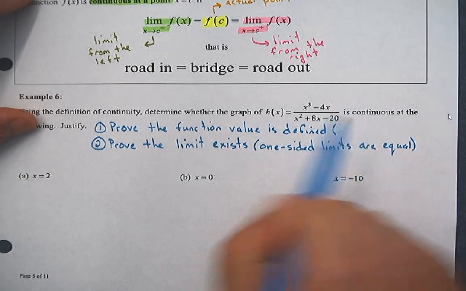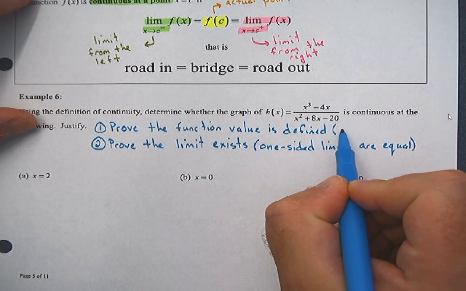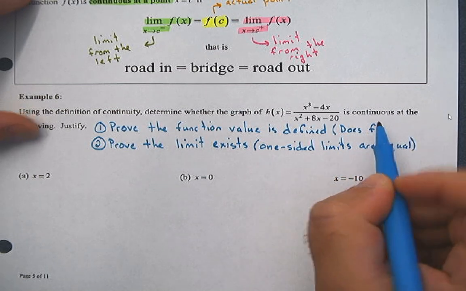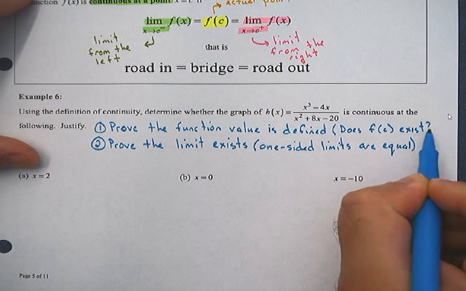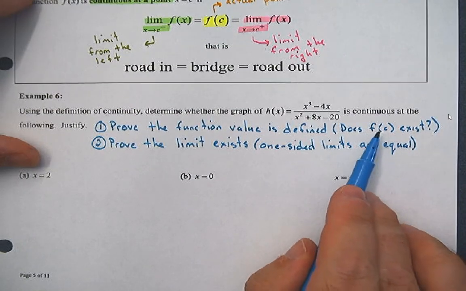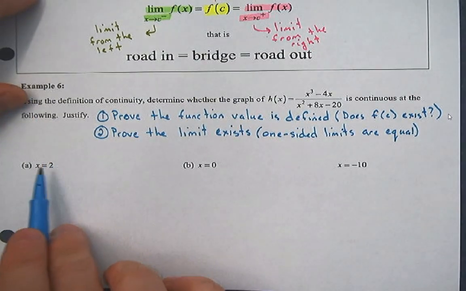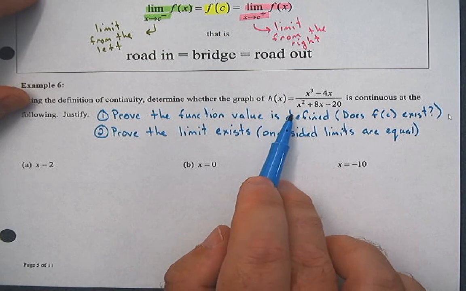I guess I could go back up here. Prove the function value is defined. Does f of c exist? Question mark. And c is just some random value, wherever we're trying to figure out. Like c would be 2, c would be 0, c would be negative 10. So I need to prove that the function value is defined.